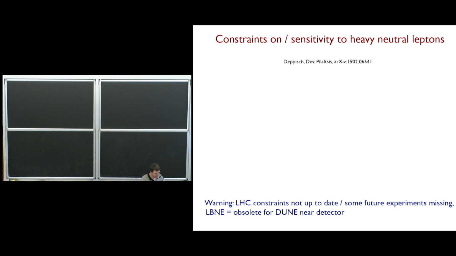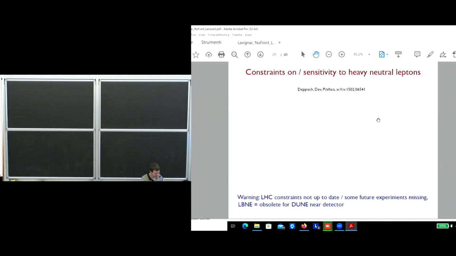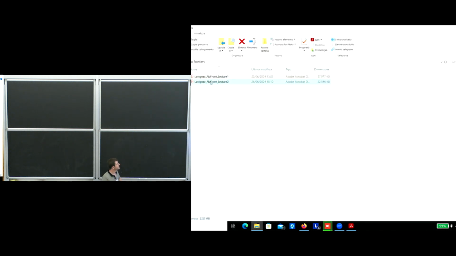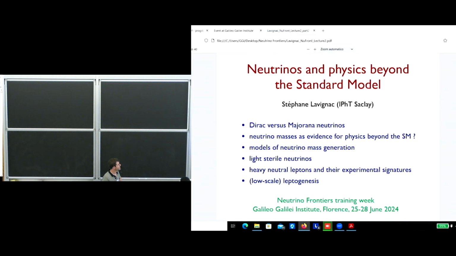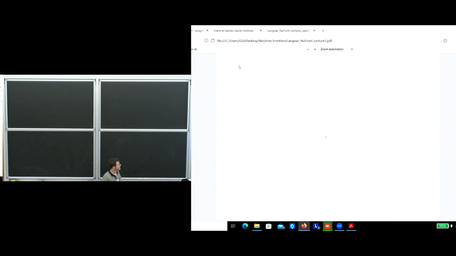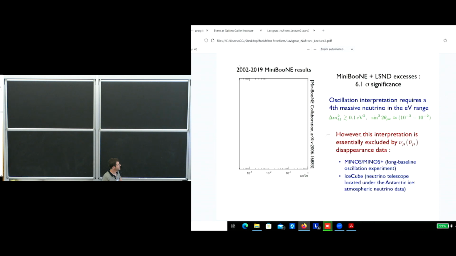Maybe you have a different PDF viewer than Acrobat? I think this was around slide 20.